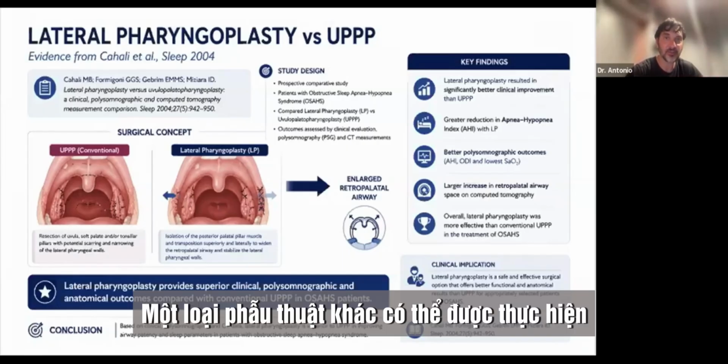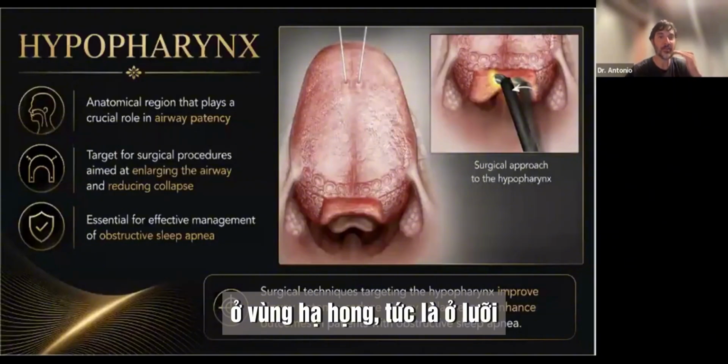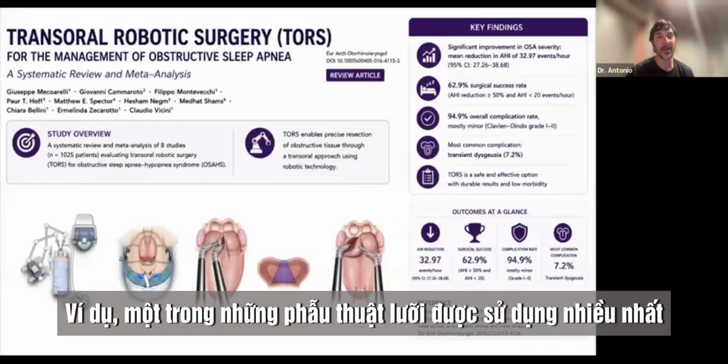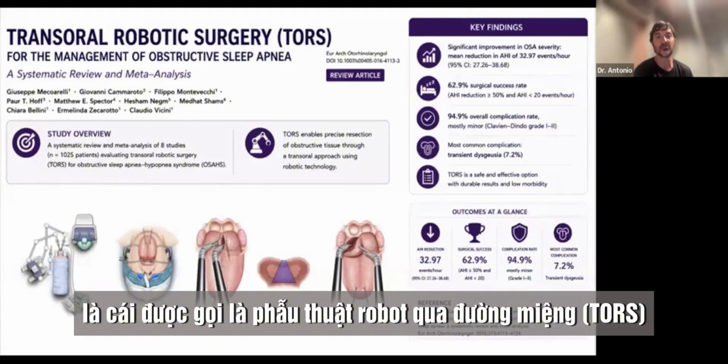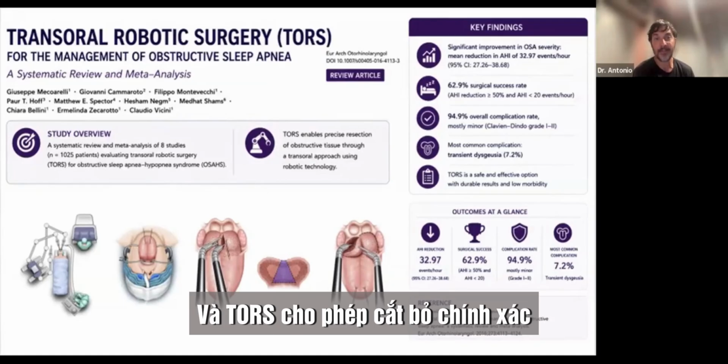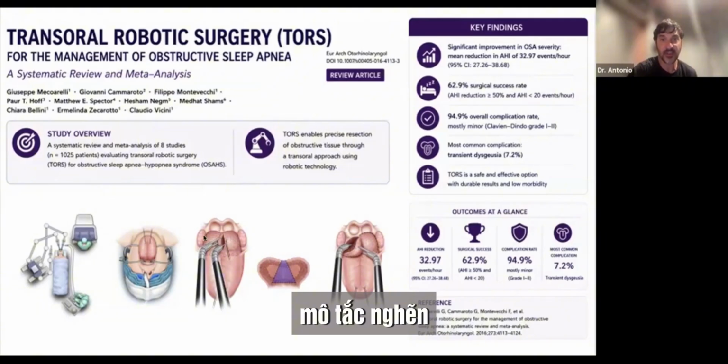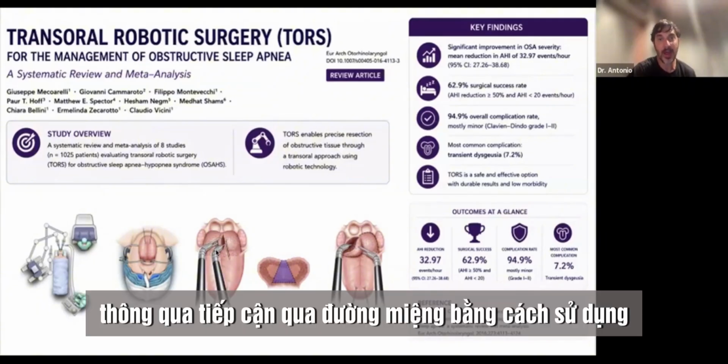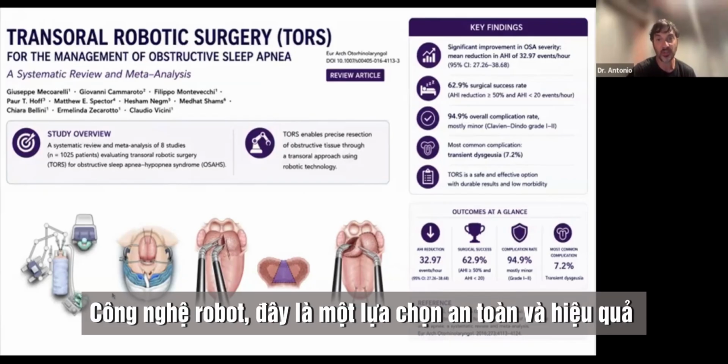Another kind of surgery can be done in the hypopharynx region, so in the tongue. For example, one of the most used surgeries of the tongue is the so-called transoral robotic surgery, TORS. And the TORS enables precise resection of obstructive tissue through a transoral approach using robot technology.